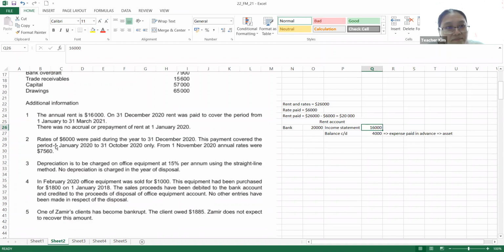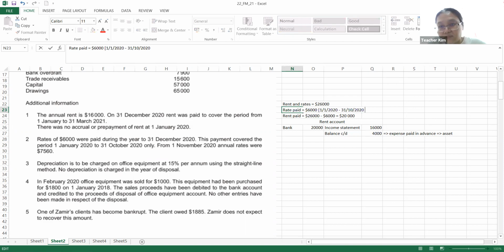Okay, next. Here, rent rate 6,000 was paid during this payment, covering the period from 1st Jan to 31st. This amount that we paid in here is only for 1st Jan 2020 to 31st October 2020. Means that this only pays for 10 months. So that means there are 2 months not paid. Okay, next from 1st November 2020, annual rate were 7,560. The word they use is the annual rate.